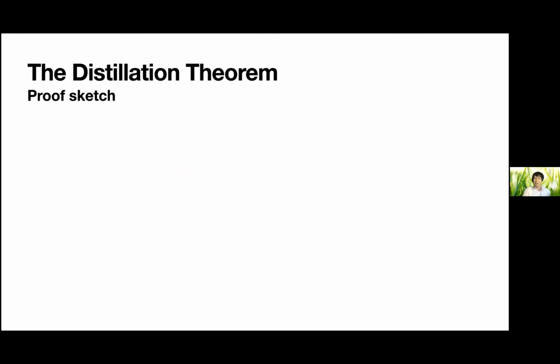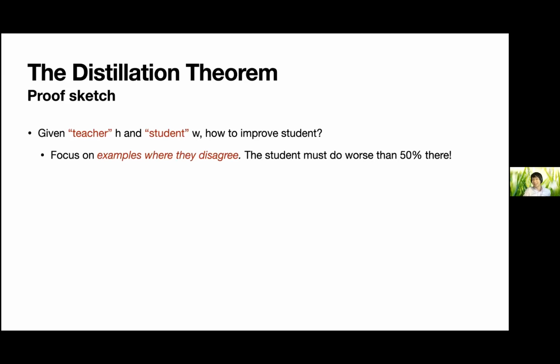Now, what's the trick? You can prove this theorem based on having a proper learner. It's not immediately clear, but the idea is very simple, it turns out. How do we improve the student if it's not as good as the teacher? We just focus on the examples where the student disagrees with the teacher. And I claim that on this set where they disagree, the student must do worse than 50% accuracy.